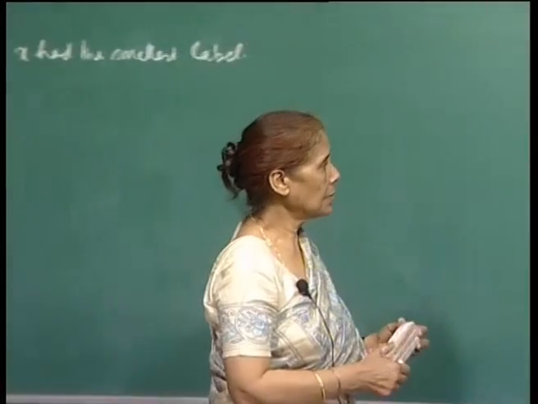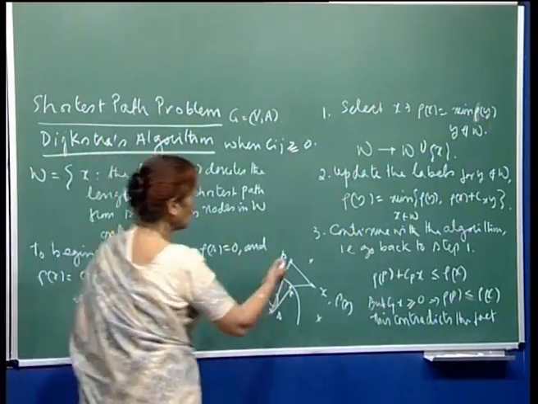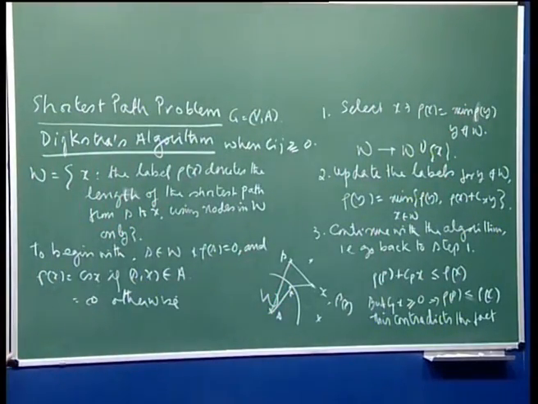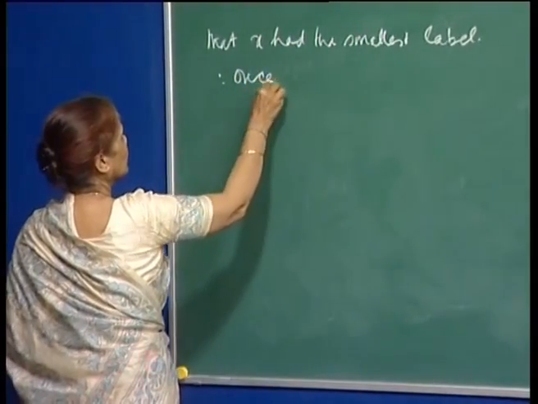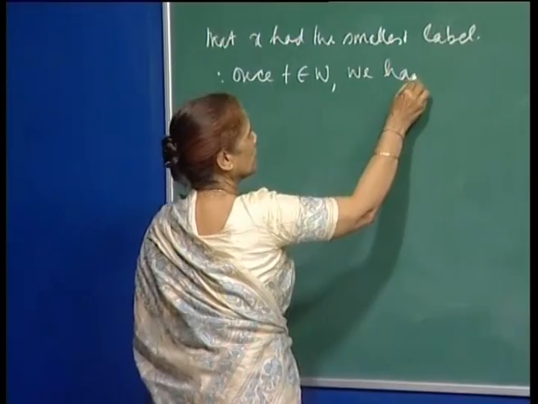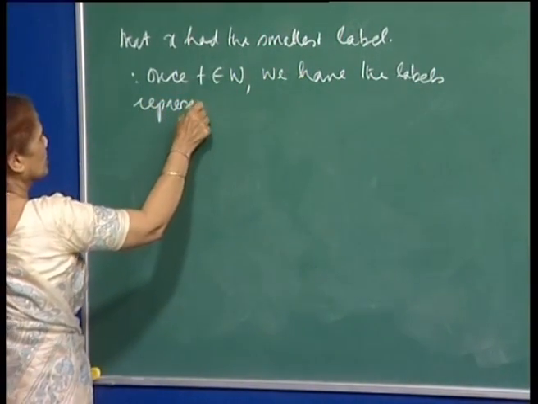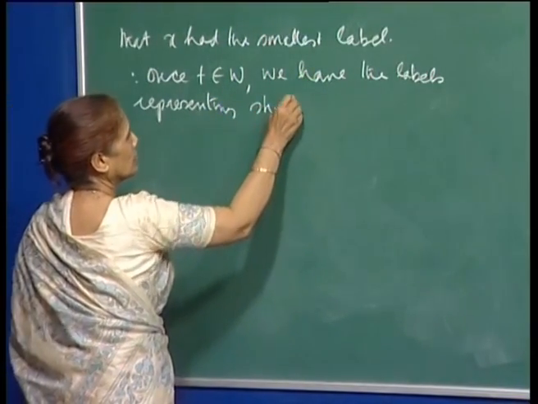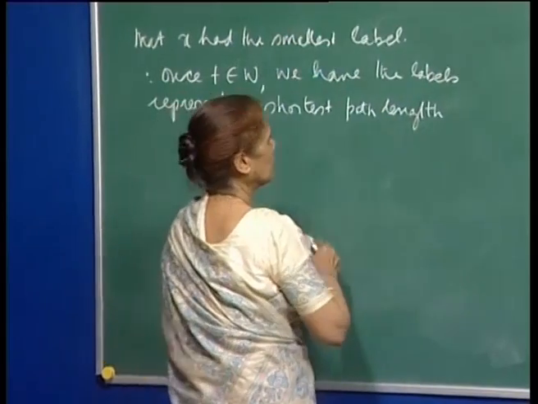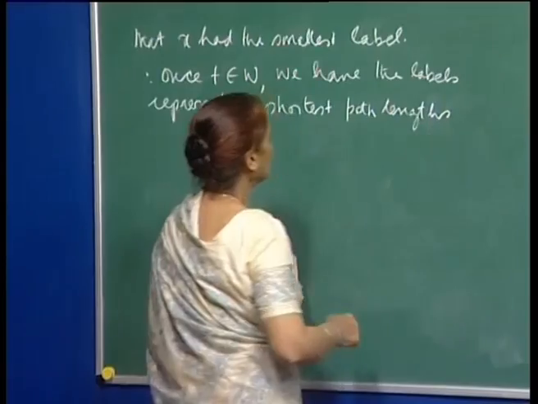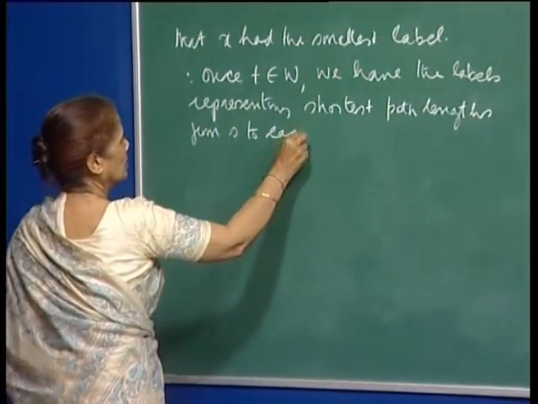Therefore, rho X must represent the shortest distance from S to X by using nodes of W. And therefore, once T belongs to W, we have the labels representing shortest path lengths from S to each of the other nodes.